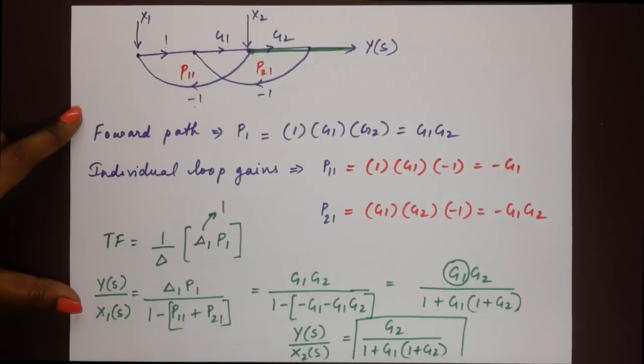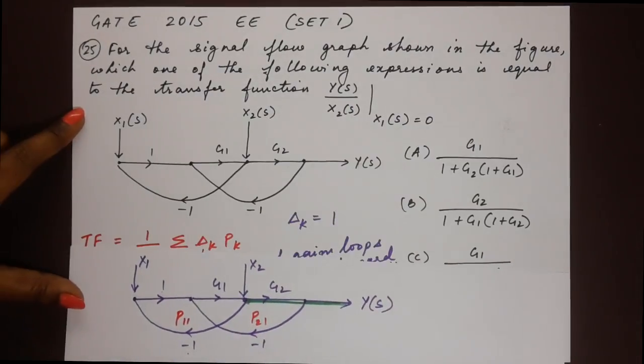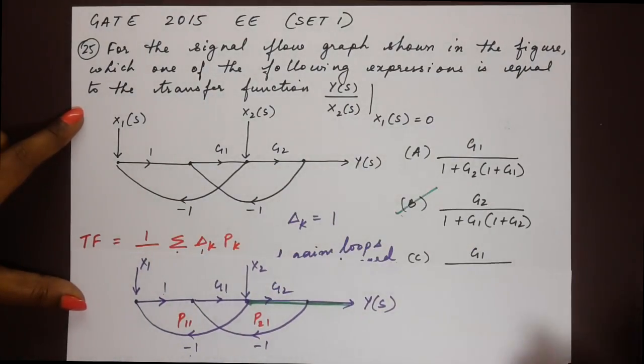Now this is our expression for the transfer function asked in the question. G2 divided by 1 plus G1 into 1 plus G2. And this matches option B.